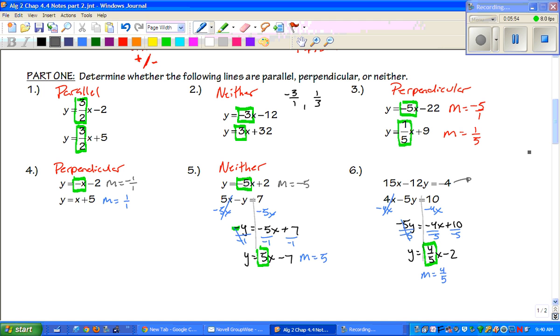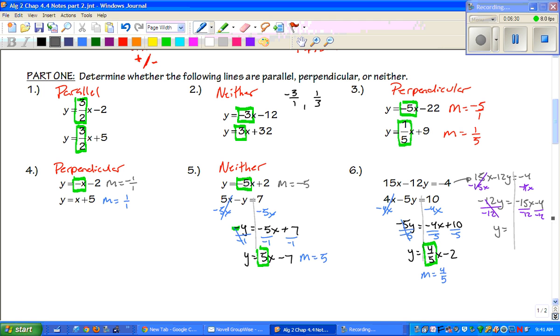Let's do the next one over here. We get 15x minus 12y equals negative 4. Subtract the 15x from both sides, and we get negative 12y equals negative 15x minus 4. We have to divide both sides by negative 12. Really checking here if you know how to reduce your fractions.